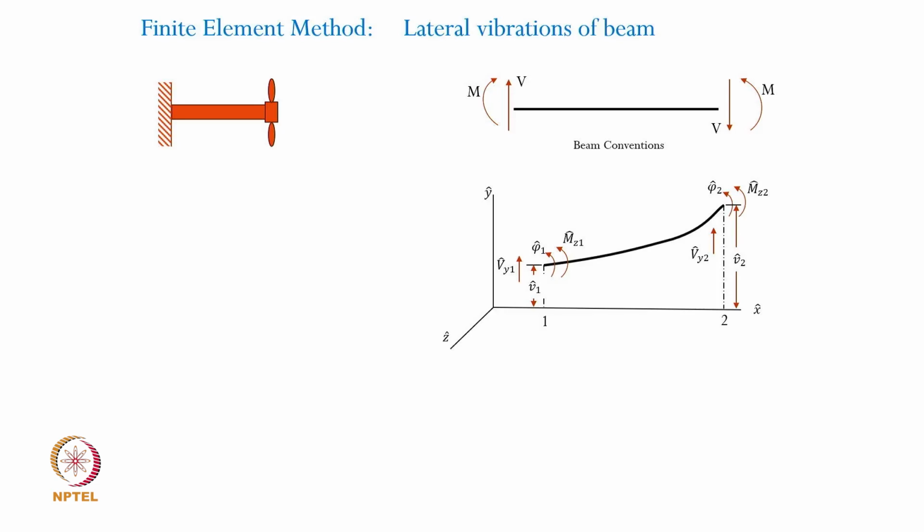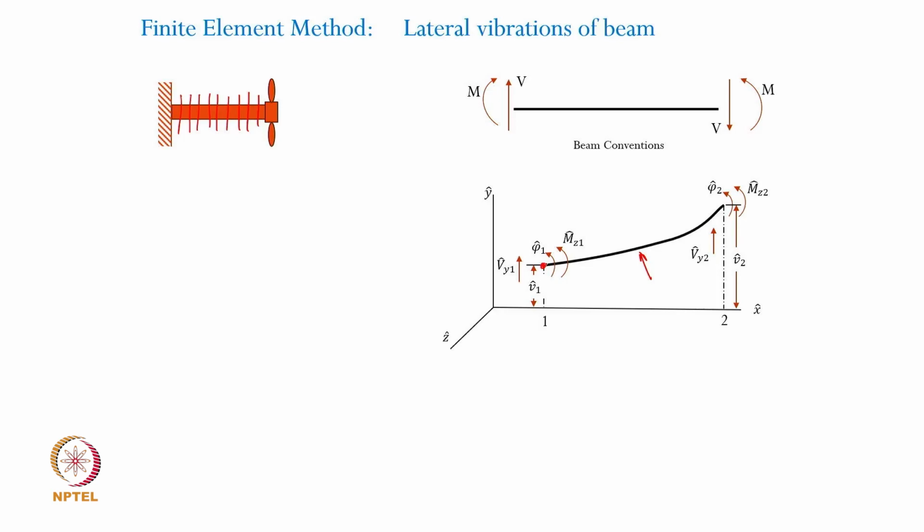And if that is again to be modeled and analyzed, we again can assume it to be discretized into several such discrete elements, each element behaving like a beam. Now that beam is shown here, as you can notice. However, in this case it is not only the nodal displacements, but we are also going to look at the slopes at each of these node locations.